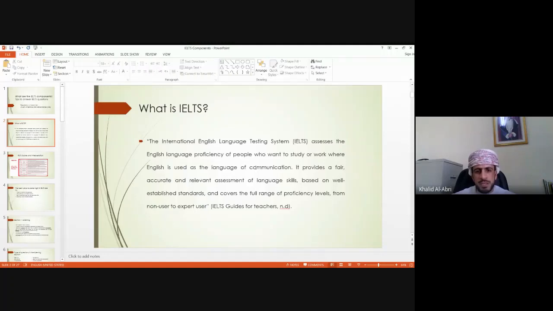So internationally, they use the IELTS exam to know the level of language proficiency of the person, whether a student or an employee. And of course, there are some standards, some bands that are used in these exams to show the accurate level of that person. And we are going to see that next.